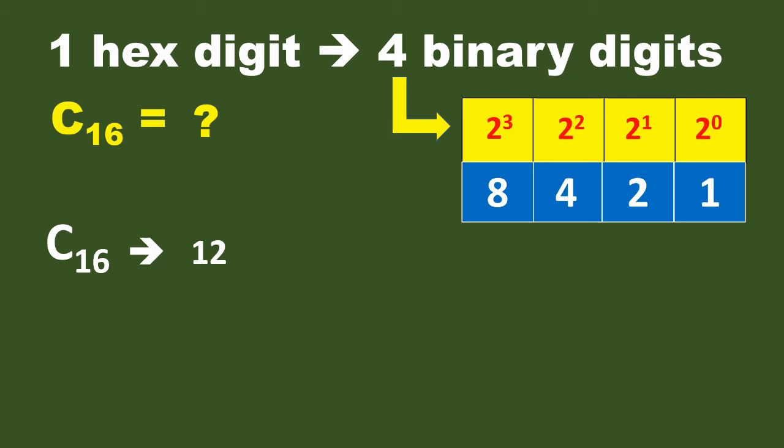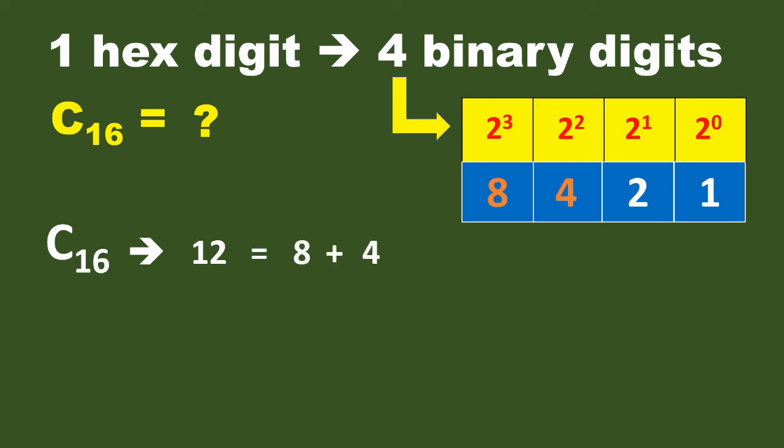What values from the place values of the binary digits can be combined in order to have a sum of 12? Okay, so we know that 12 will result if we take 8 and 4 together. If we sum up these two, it will total to 12. So 12 is 8 plus 4.